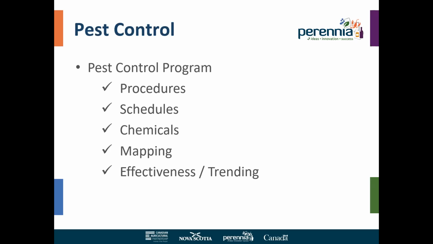If you are administering bait, you have to be certified to do so. If you're using a preloaded bait station from, say, a Home Hardware, then you do not require the training. But if you are purchasing bait and opening up exterior bait stations and applying those, then you have to be trained and certified. And then, of course, checking the effectiveness of whether or not your pest control program is actually working.